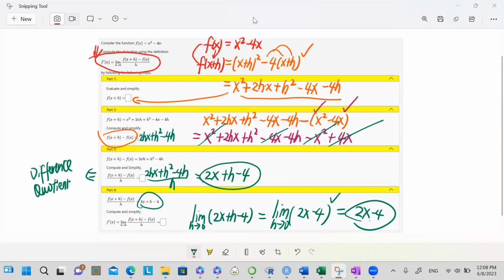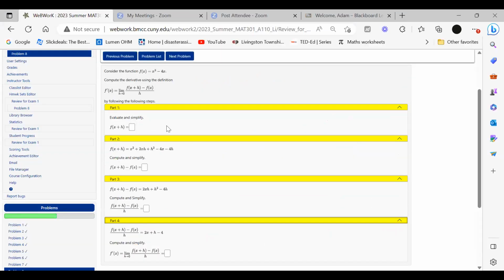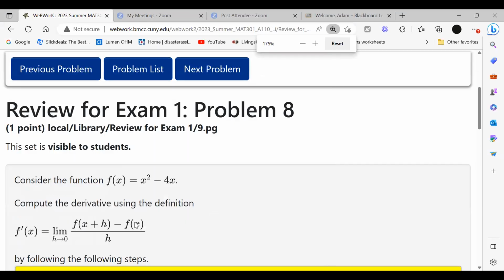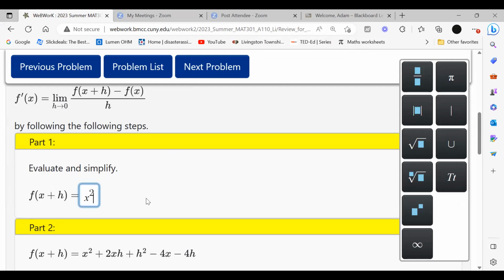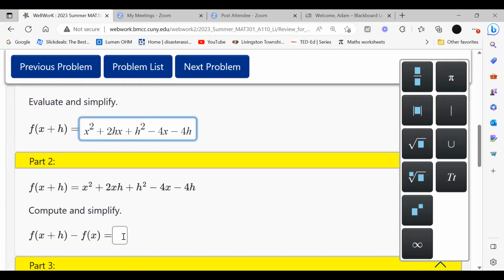Okay, let's go back. I'm putting in the results one by one. So this is going to be h squared plus 2hx, and minus 4h. And that will do it.